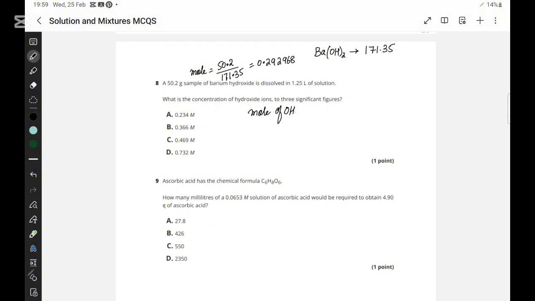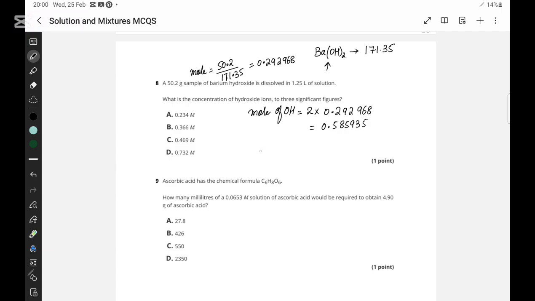Then they are saying we have to calculate the moles of hydroxide. You can see in 1 mole of barium hydroxide there are 2 moles of hydroxide. So I have to multiply 2 with 0.292968, and that comes out to be 0.585935. Then I have to calculate the concentration.